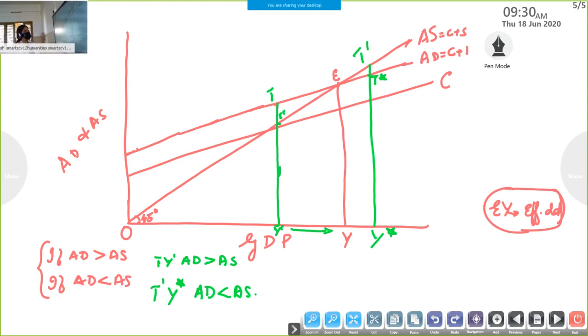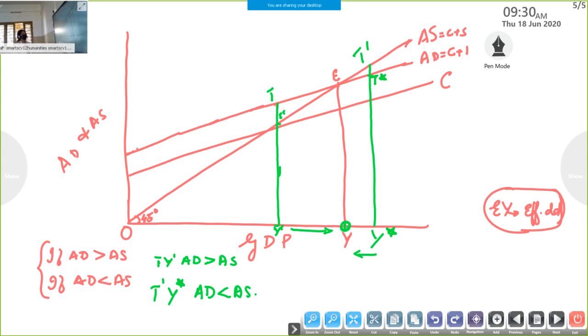Then how can producers restore the economy to the equilibrium level? We can say they reduce the use of factors of production. As a result, output also reduces. Then national income, the level of income, reduces, or this tends to reduce the level of income from Y star to Y dash. Now the economy is in equilibrium.